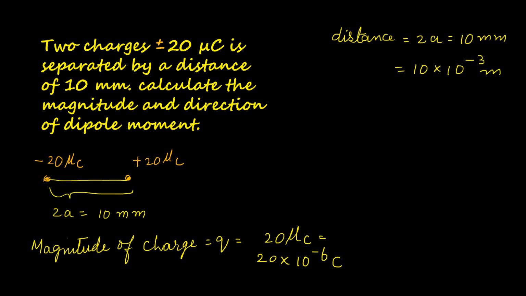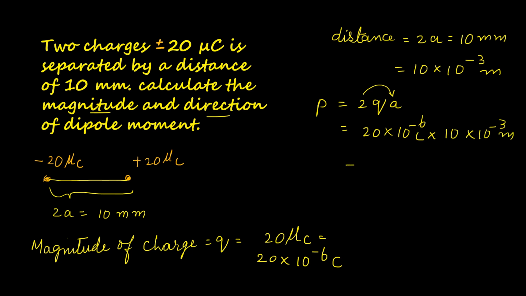So you identify that the question is from electric dipole. You have to calculate the magnitude and direction of the dipole moment. We will substitute the data that we have obtained in the formula directly. The formula is P is equal to 2qa, that is Q into 2a. So P is equal to 20 into 10 raised to minus 6 into 10 into 10 raised to minus 3 meter, and Q is in coulomb.